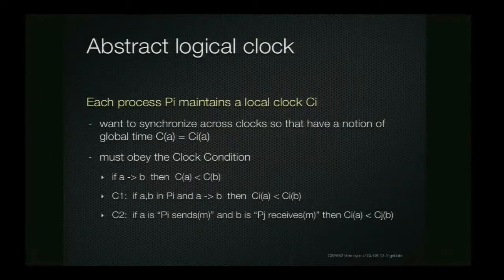So it doesn't have to have any relationship to physical time whatsoever. It's just ticking off events and maintaining a counter of how many events might have happened. But we want to synchronize these counters across processes so that any one of these counters is correctly interpreted as some global synchronized clock time.